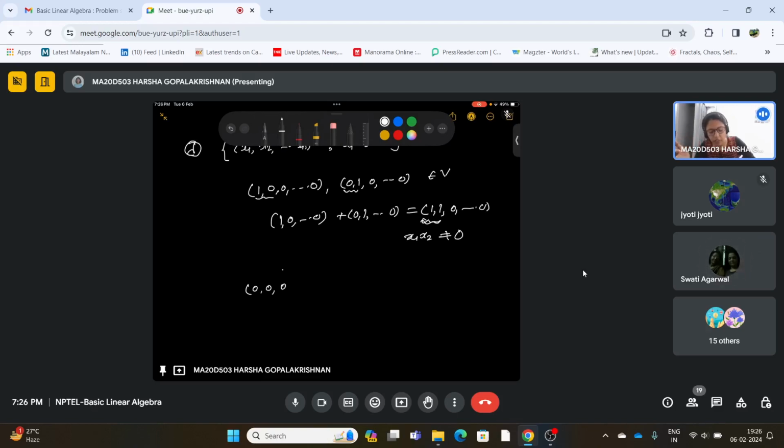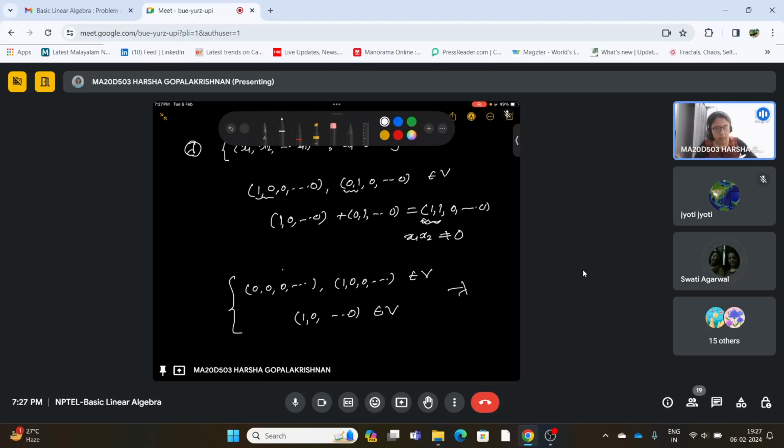If I am taking (0, 0, etc.) and (1, 0, etc.), both belong to V. But if I take the sum, again (1, 0, etc.), it also belongs to V. So if my first trial is like this, I cannot conclude anything.